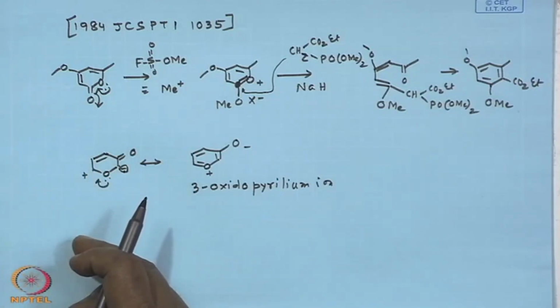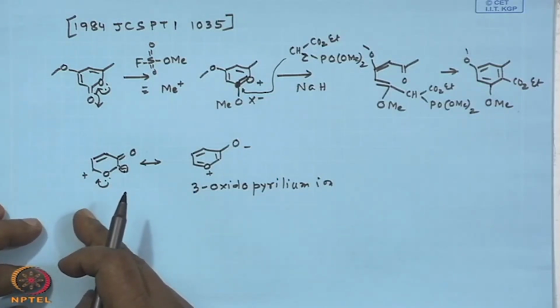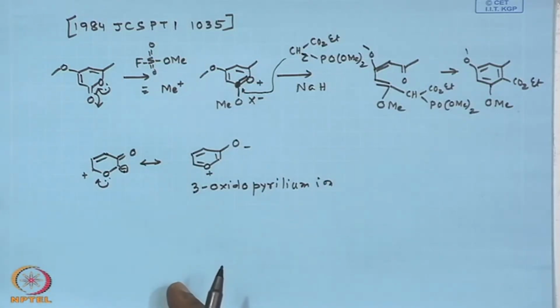There are debates whether it should be called a 3 atom component or a 5 atom component, and normally people have accepted that this should be called a 5 atom component. And as I said before, unlike the simple pyrrolium ions, these oxidopyrrolium ions will work in cycloaddition reactions. Then the dipolarophile could be of many kinds.